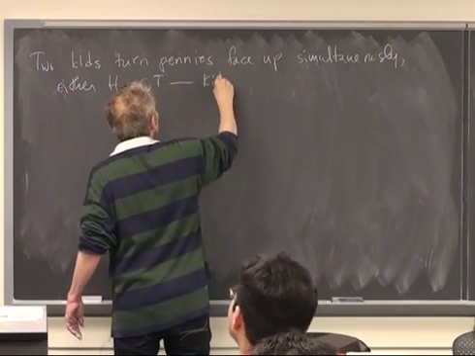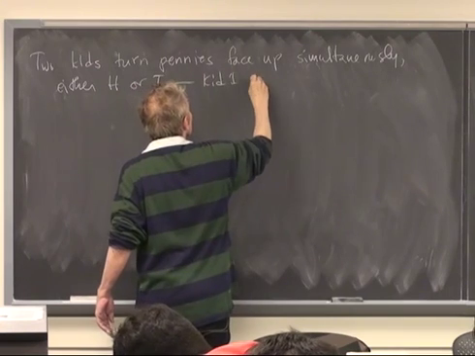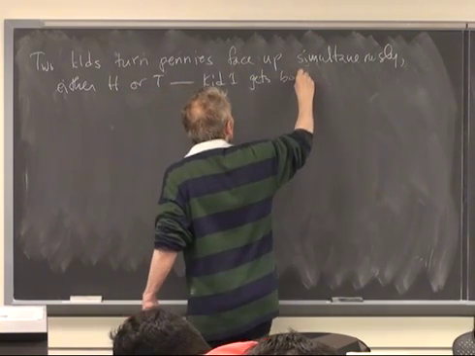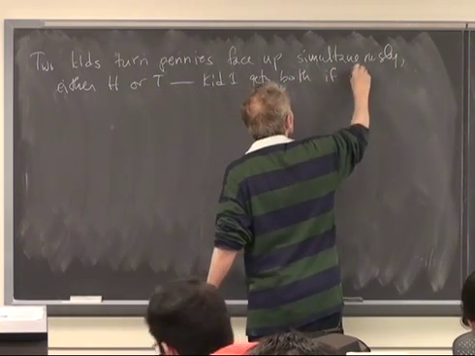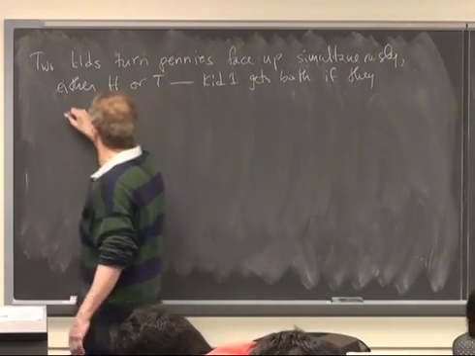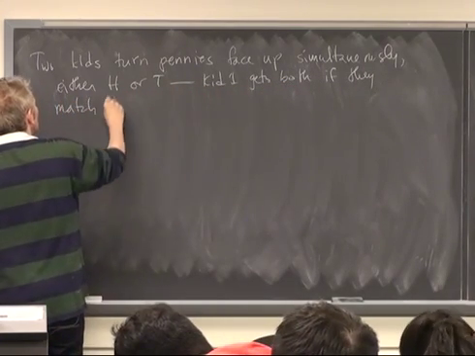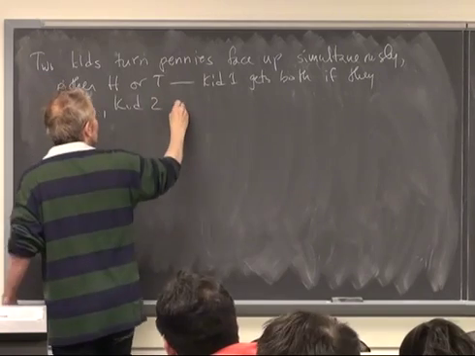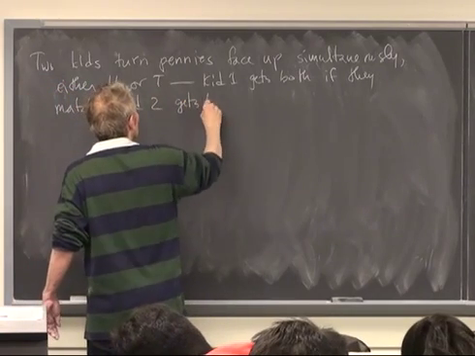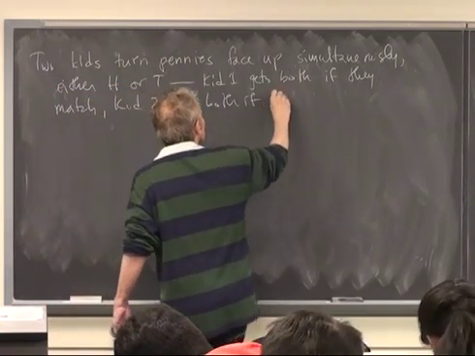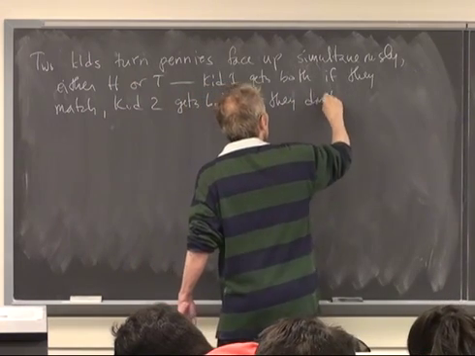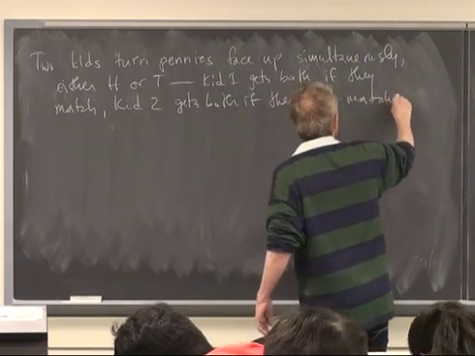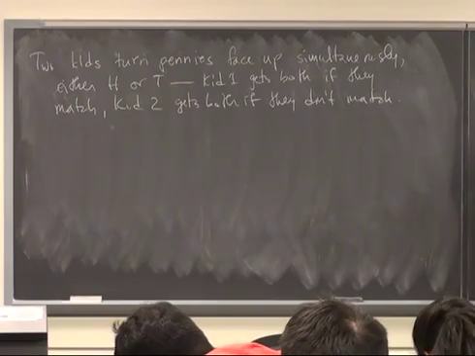And kid 1 gets both coins if they match. And kid 2 gets both if they don't match. Okay, everybody understand the scenario?